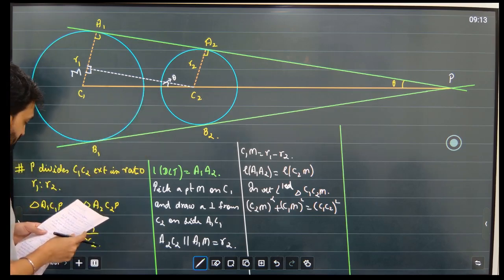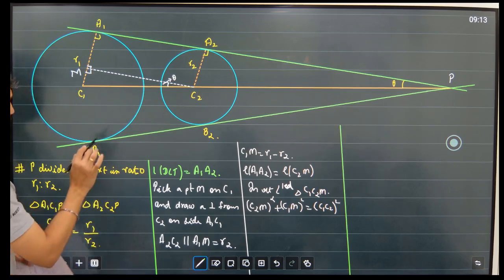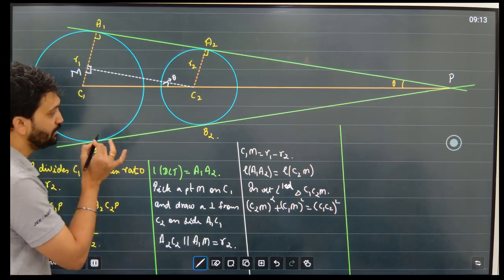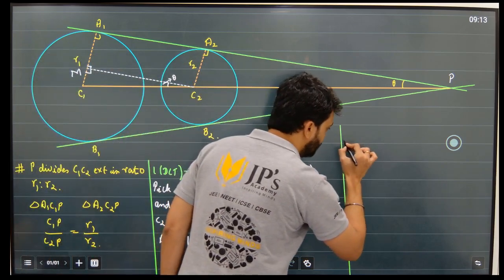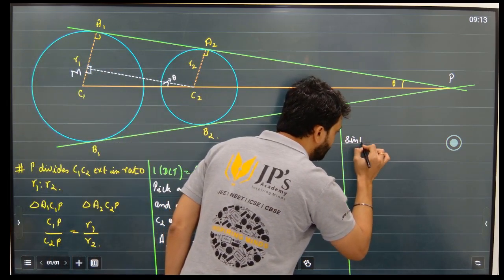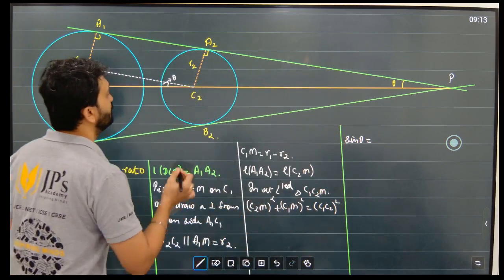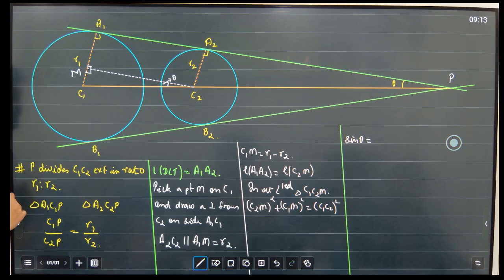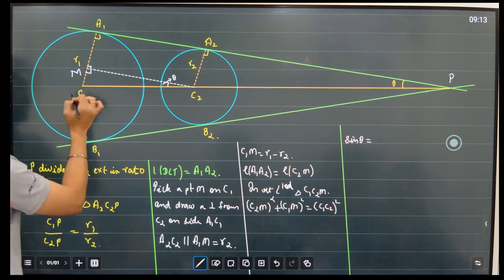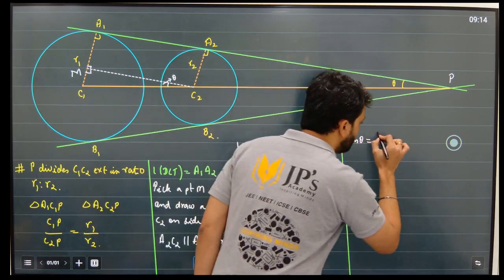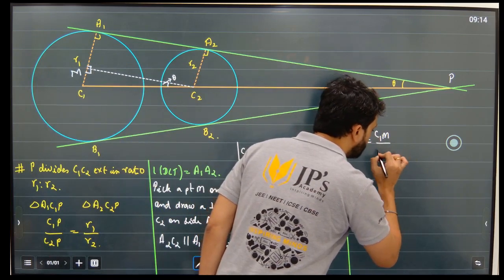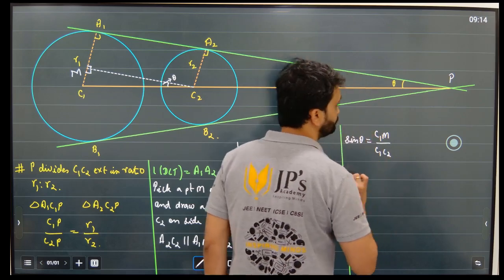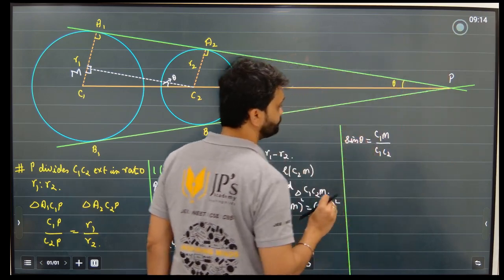If I take this as theta, okay, now if I take this as theta, can you tell me what is sin theta का value? Sin theta is opposite upon hypotenuse. Guys, what is opposite? MC1. Very good. C1M. What is hypotenuse? C1 C2. Okay, very good.